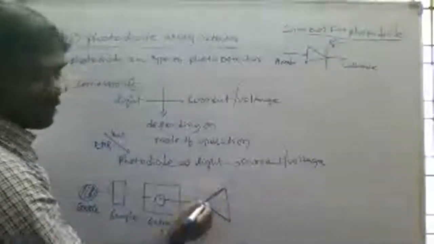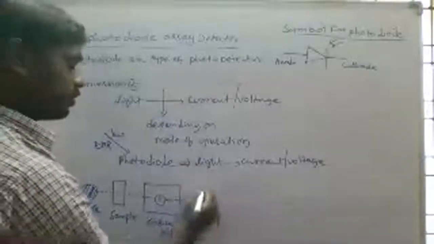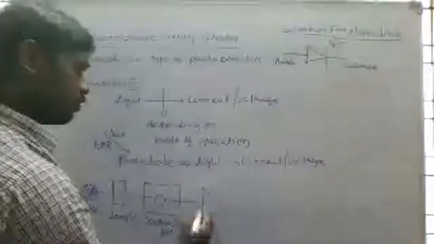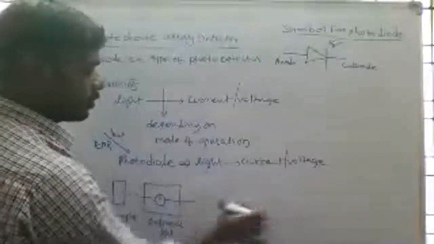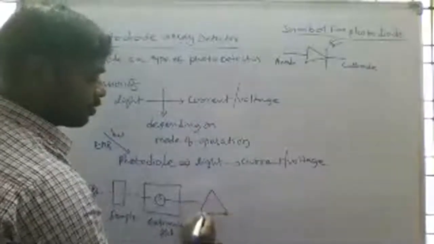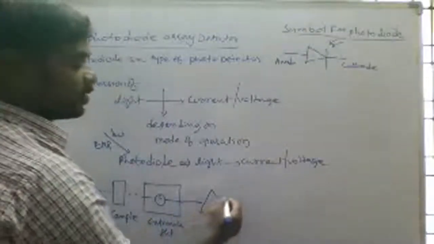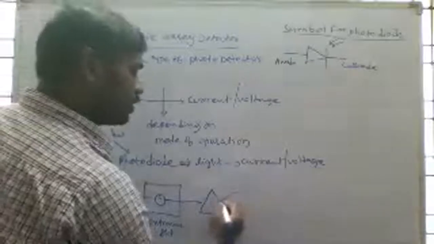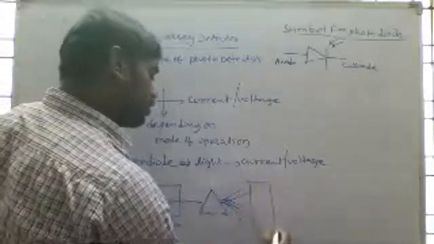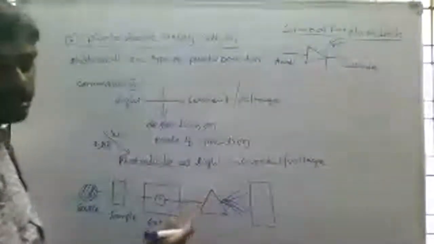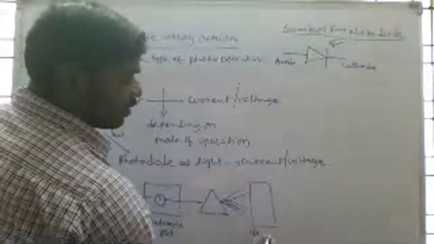So this is a prism. The prism produces monochromatic radiation. The outcoming light falls onto the detector device.